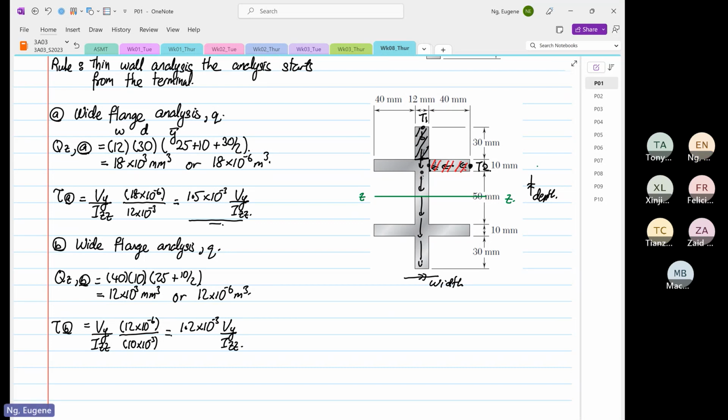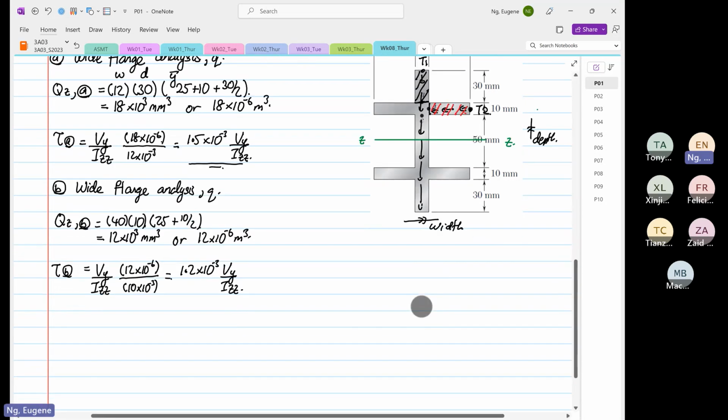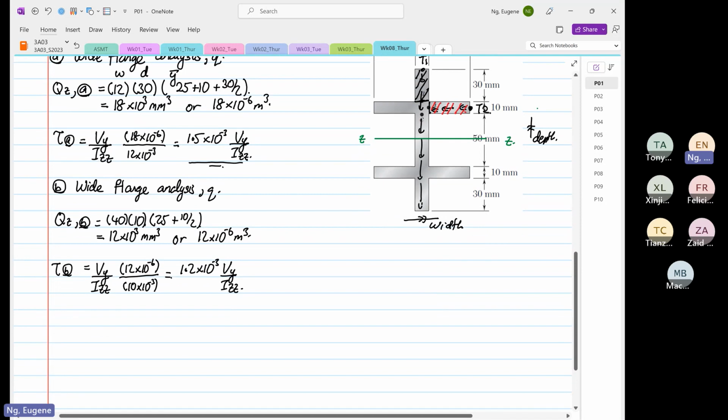Okay. So the next thing we're going to do is we're going to look at point C now. Okay, so point C is also a wide flange analysis. Usually you can see for wide flange analysis, the shear flow comes from more than one separate terminal.